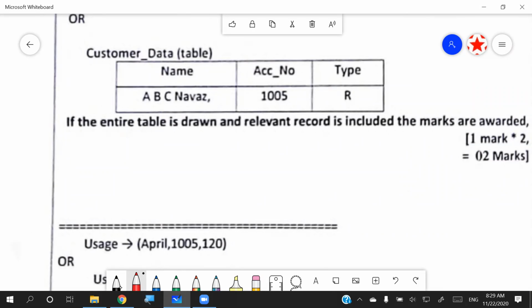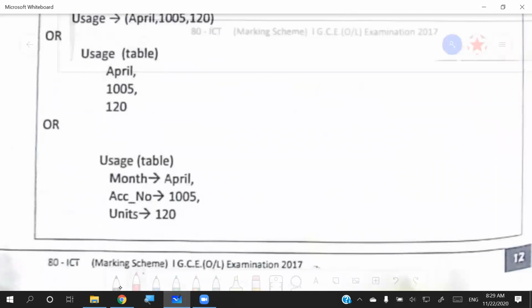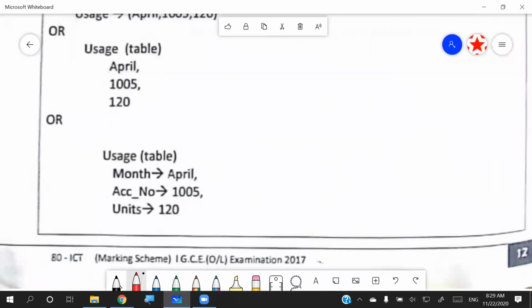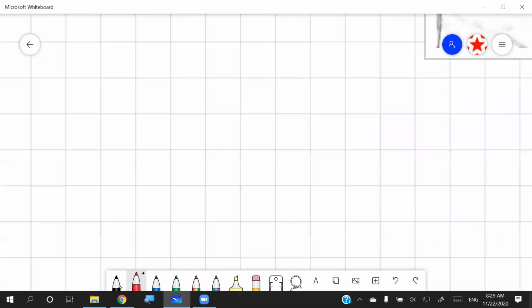So it's better you go in this manner, so no one can reduce your marks because you have given all the things, right? For the usage table, it's going to be like this. And let me see how many marks they have allocated for that particular thing.